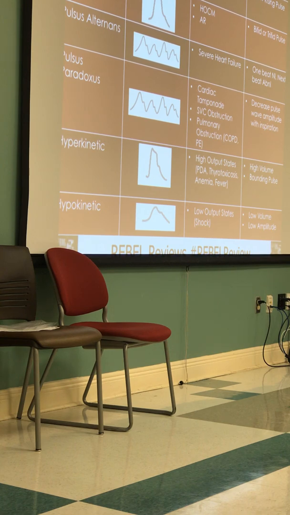And usually what happens in aortic stenosis is they'll complain of things like syncope and angina. Because they get low cardiac output because of the aortic stenosis, and as a result, they get decreased perfusion to the myocardium and decreased perfusion to the brain.